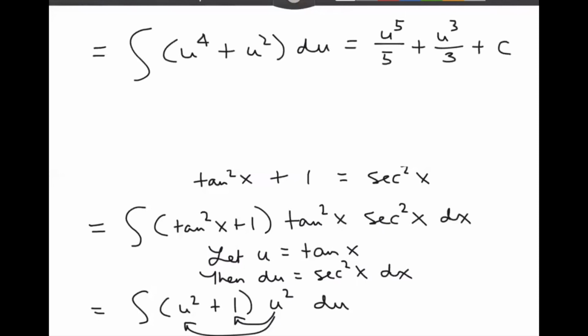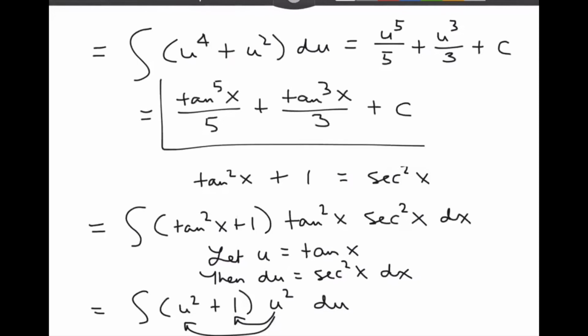And of course, it's not about u, it's about x. So the final answer is tangent to the 5th x over 5 plus tangent to the 3rd x over 3 plus c. All right, so that is one example of how to deal with an integral that has tangents and secants.